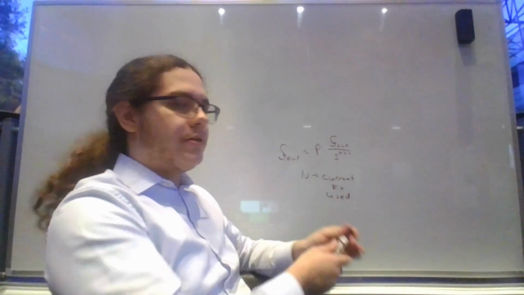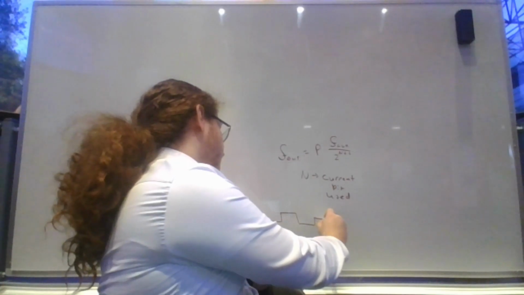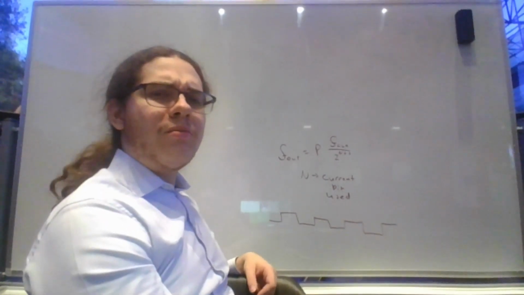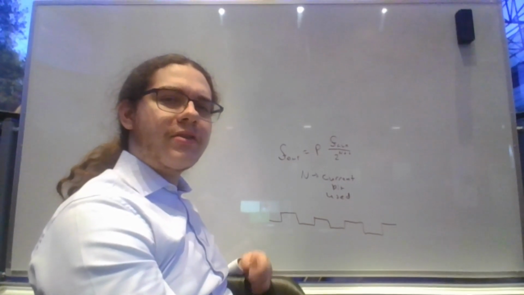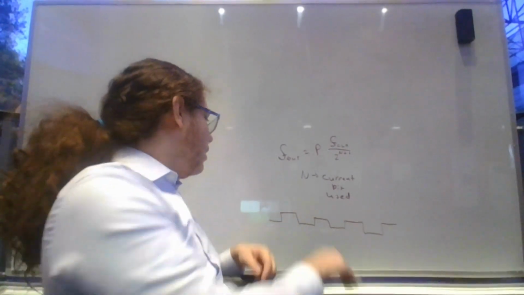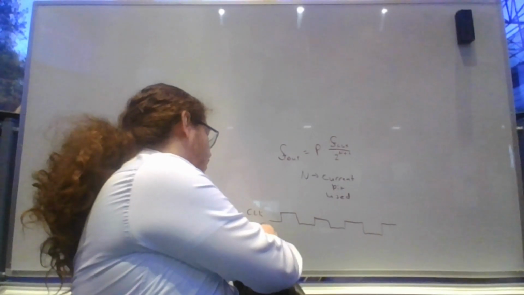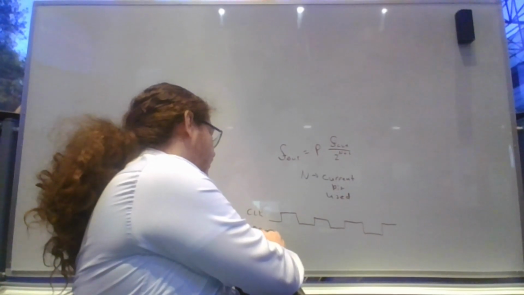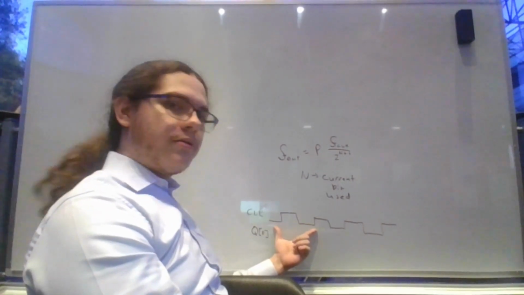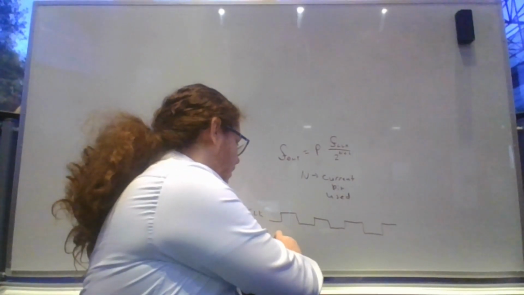Here is more reasoning for why it's N plus 1. I talked about this a little bit in one of the previous episodes, I think it was Friday's. I uploaded those all today, so if you want to look at the recordings, you can. If you have a clock signal, and you're looking at the least significant bit of your counter, for every 2 clock cycles, this bit has 1 cycle.